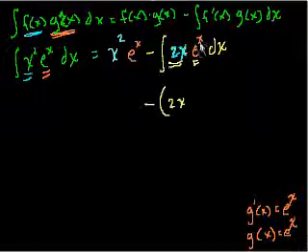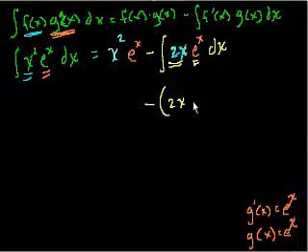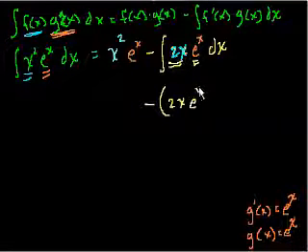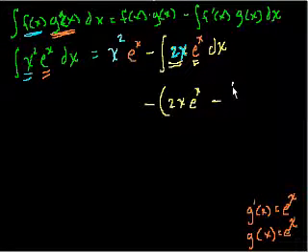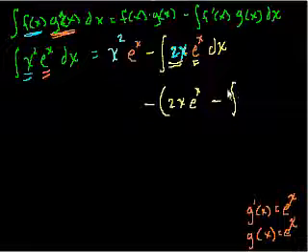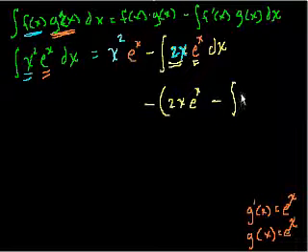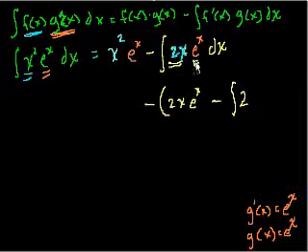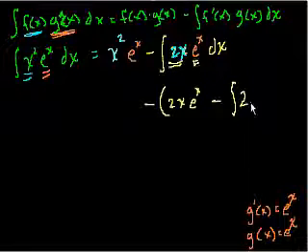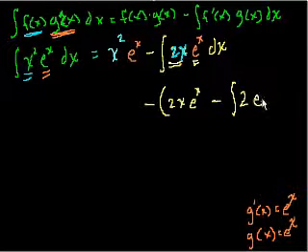So this is g prime of x, but g of x is still just e to the x, right? I took the antiderivative of it. And then that's minus the integral of the derivative of the first function, f prime of x. So that's just 2. And then the antiderivative of the second function. Well, that's easy. The antiderivative of e to the x is just e to the x.